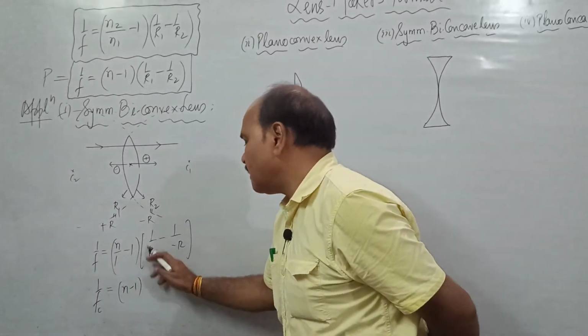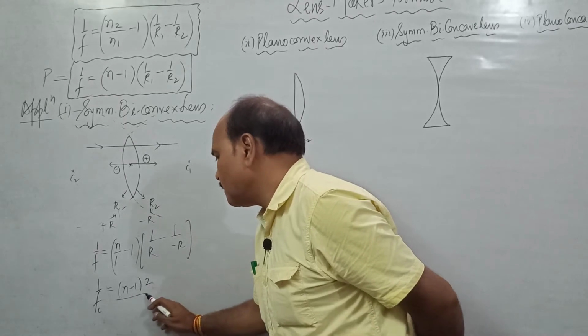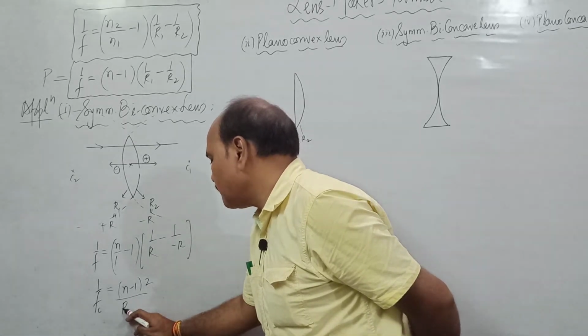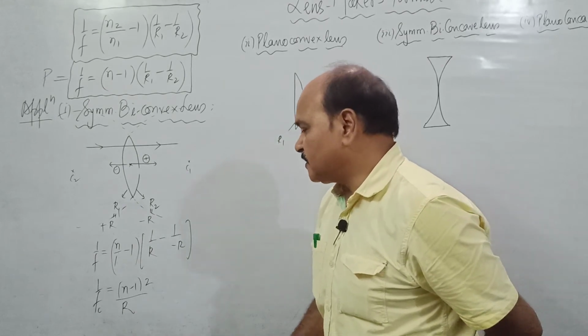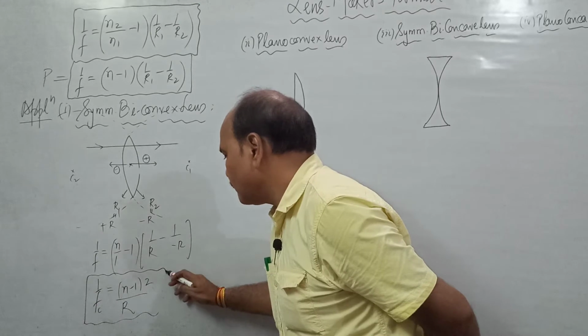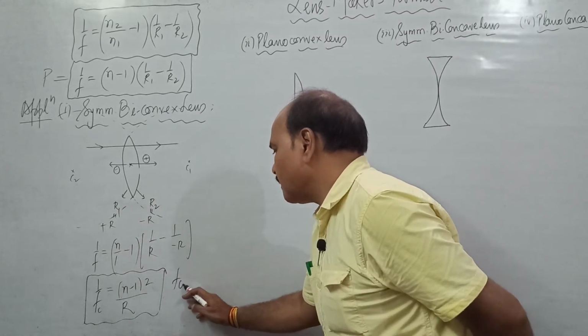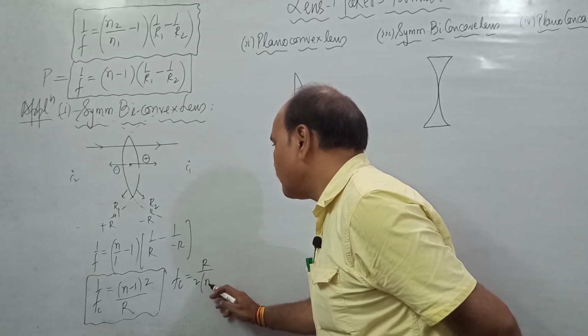What is this? 1 upon r plus 1 upon r is 2 upon r. This is focal length of a symmetrical biconvex lens. And this is equation number, say 1. We can also write it as focal length of convex lens is what? R upon 2 times n minus 1.